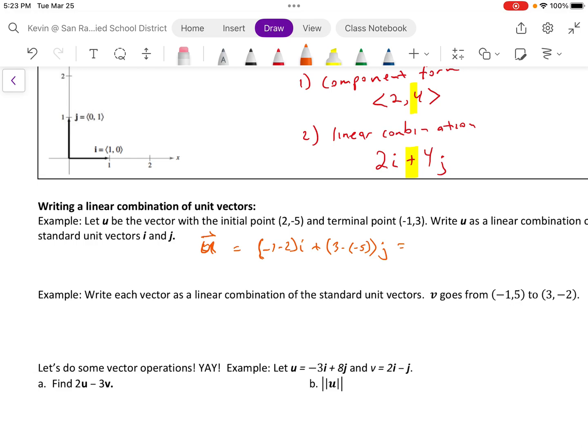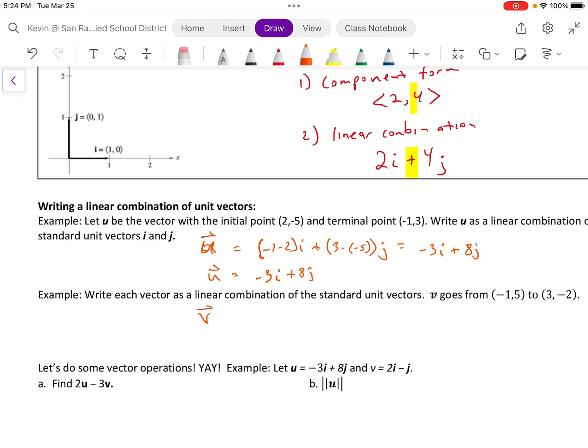So -1 minus 2 is -3i, and 3 plus 5 is 8, 8j. So the vector written as a linear combination would be -3i plus 8j.